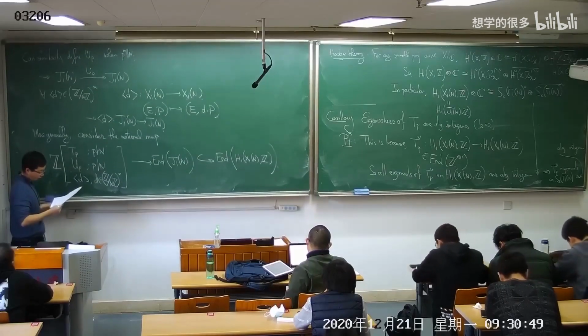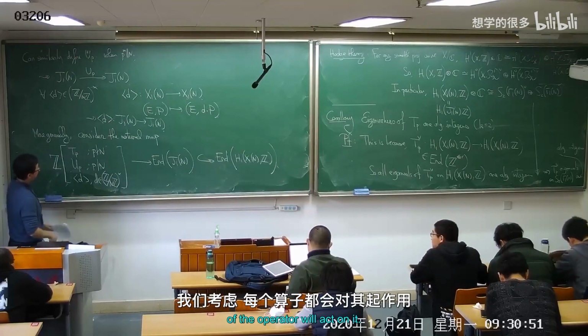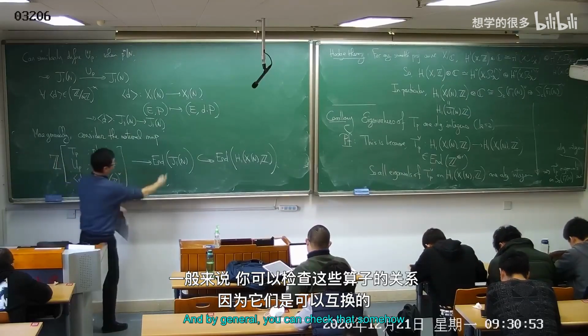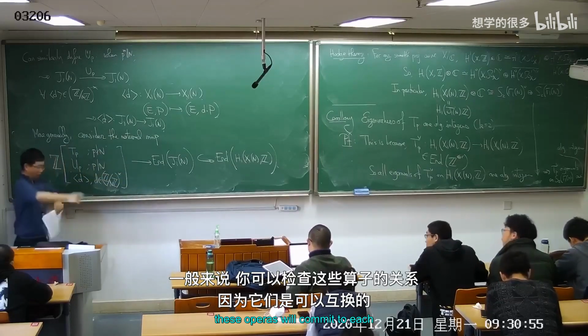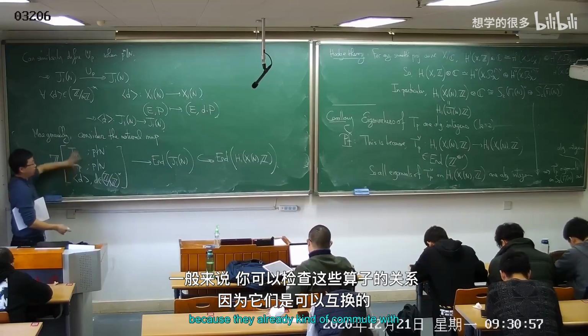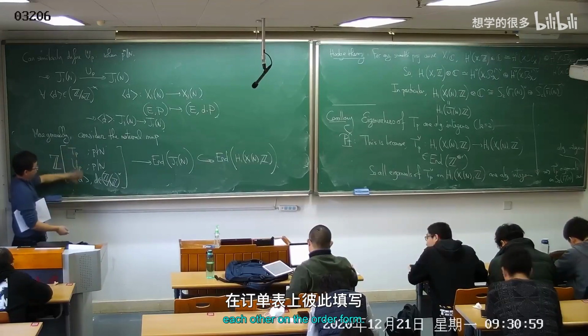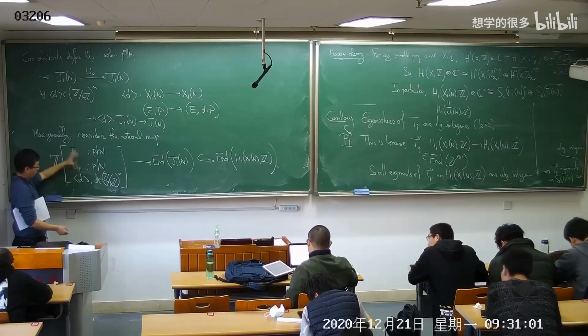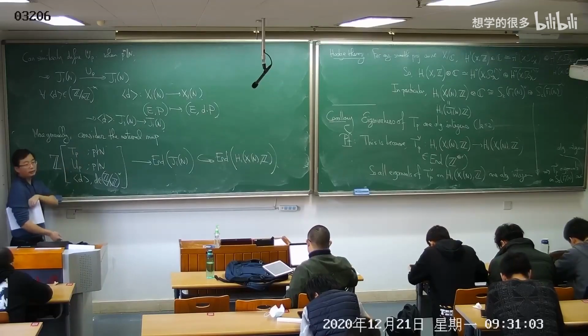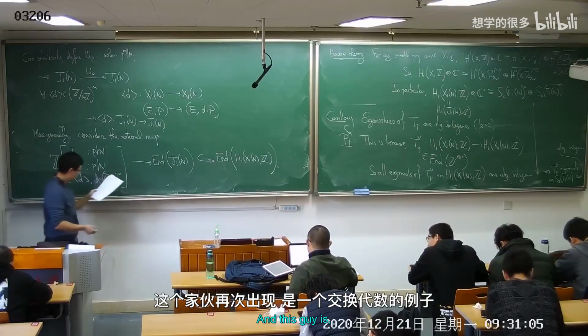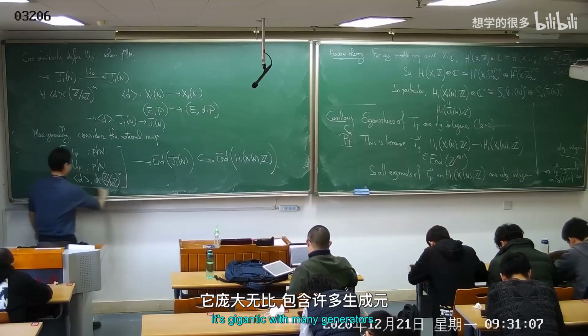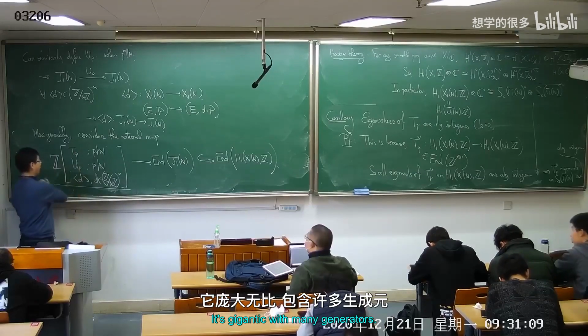Each of the operators will act on this, and in general, you can check that these operators will commute with each other, because they already commute with each other on the space of modular forms. And this is again a commutative algebra, a gigantic commutative algebra with infinitely many generators.